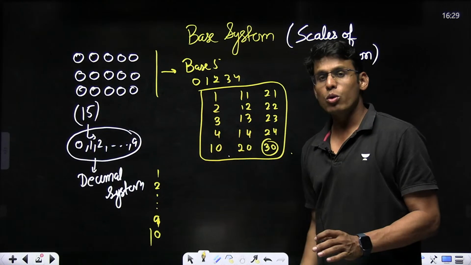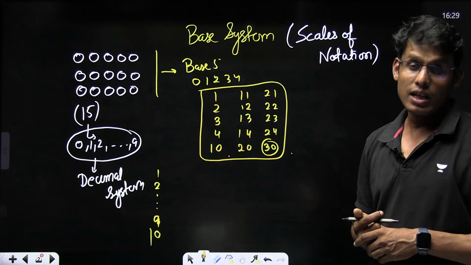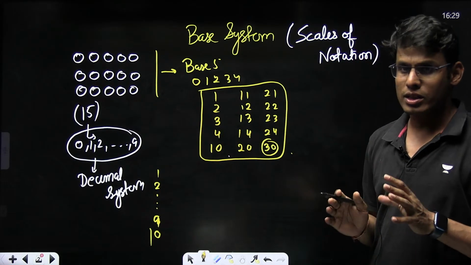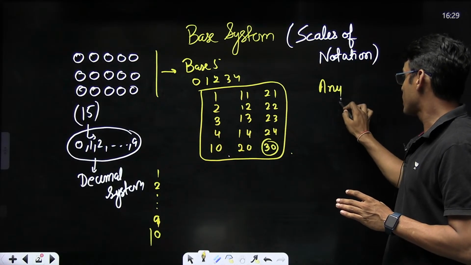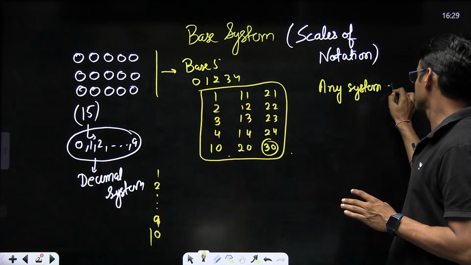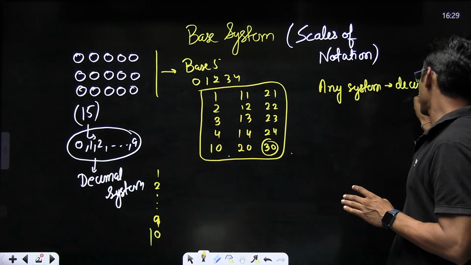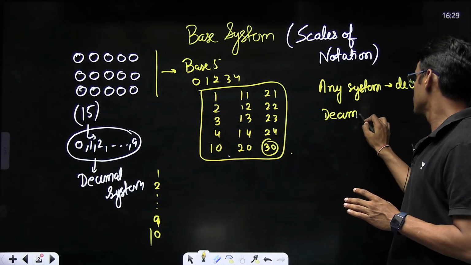So this is how you write 15 in base 5. In this particular section, we are going to do conversions, any system to decimal and decimal to any system.